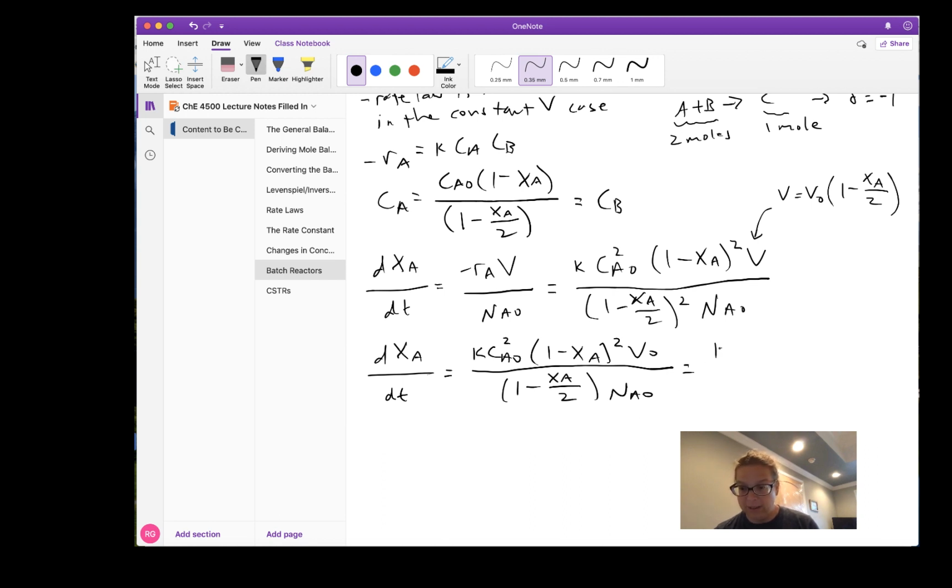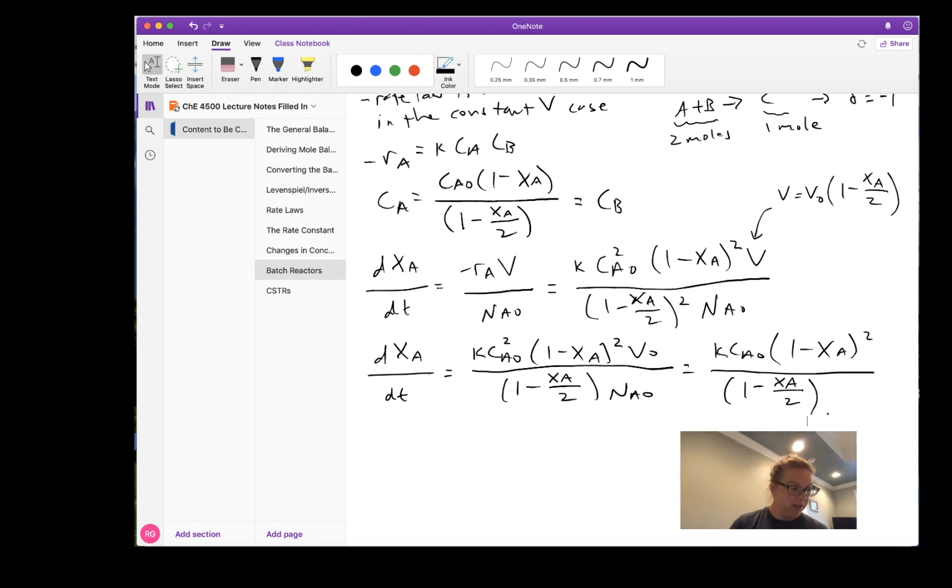So I'm going to say K times Ca naught, getting rid of the square there, (1 minus Xa) squared divided by (1 minus Xa over 2). That should be my formula.